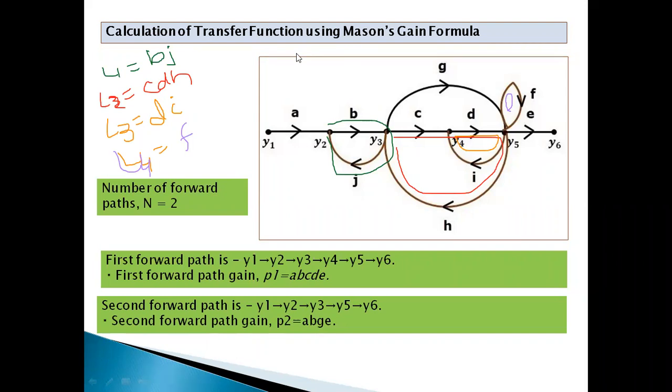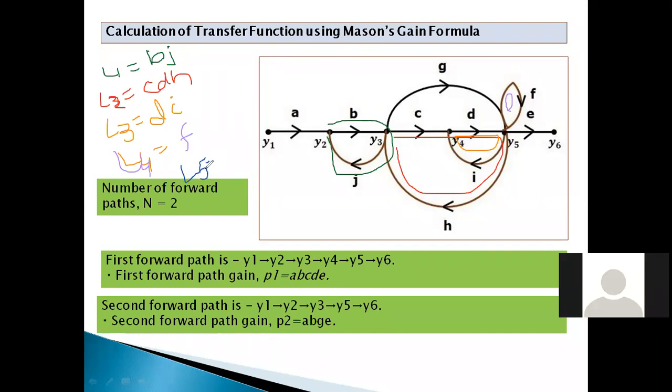And now the one more loop, that is L5. So one more loop is there. That is, so if we observe this starting point starts from G and reaches to Y2, and again it reaches again back to, in this case, the gain becomes, loop gain becomes G into H. Okay.